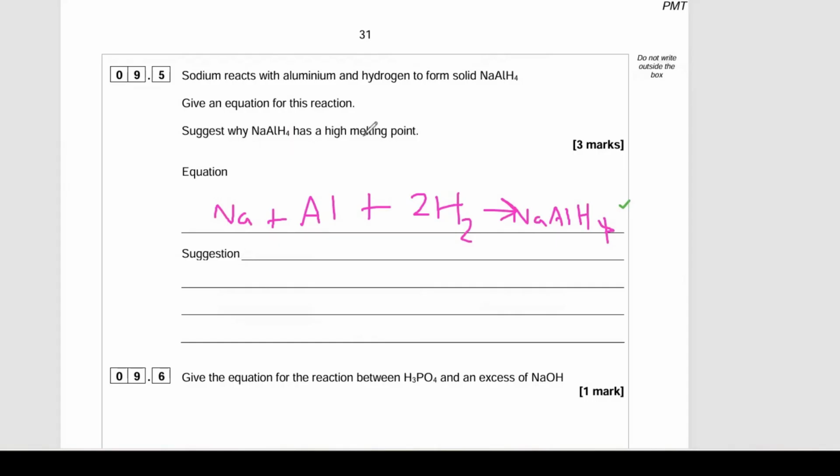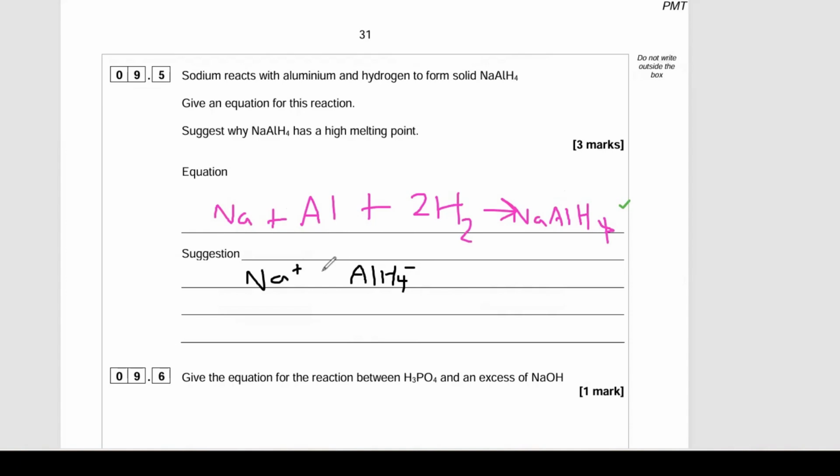Now, suggest why it has a high melting point. Well, you're going to get strong electrostatic forces of attraction between these sodium ions and the aluminium hydride ions.